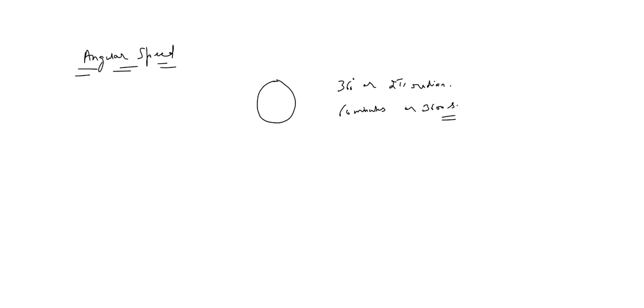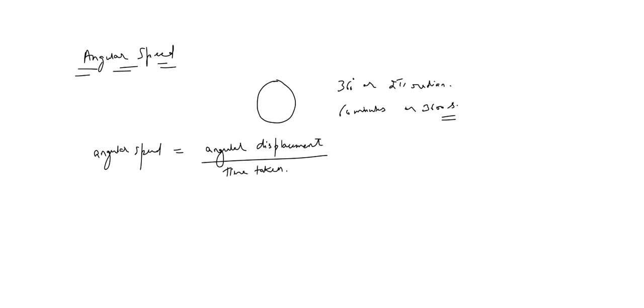So angular velocity is defined as the ratio of angular displacement and time taken. Means per unit time, what angle is covered.